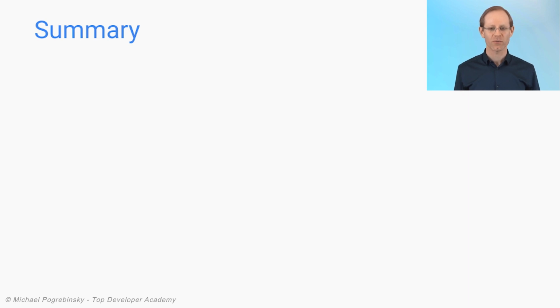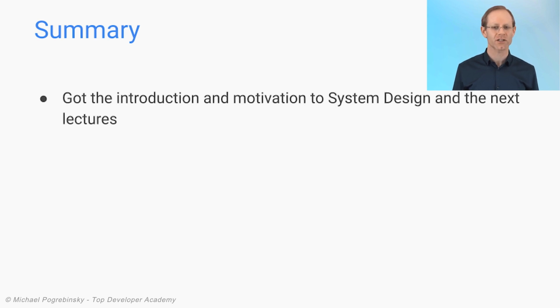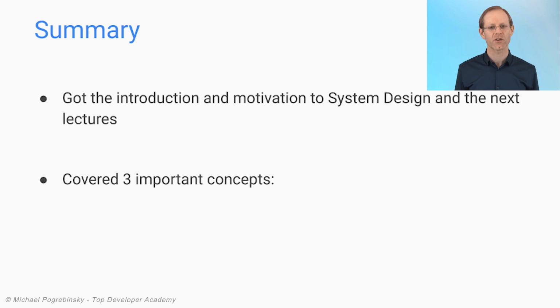So with that out of the way, let's go ahead and jump into our first system design problem. But before we do that, let's quickly summarize what we learned in this lecture. After getting an introduction and motivation to what we're going to be doing in the next lectures, we covered three important concepts that every software architect needs to understand. The first one was the concept of abstraction and the importance of staying within the appropriate level of abstraction to design every large and complex system.